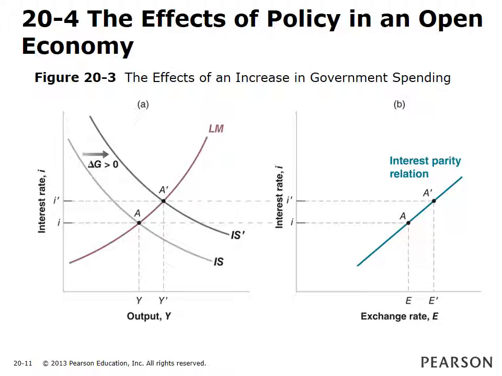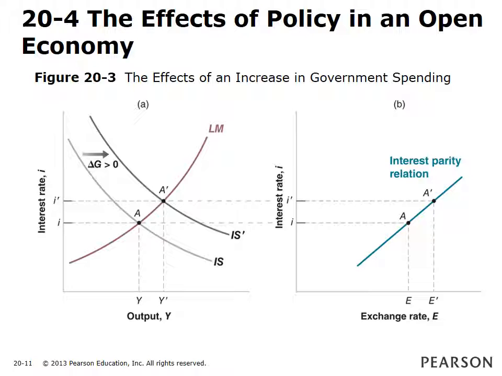Figure 20-3 shows the effects of an increase in government spending in an open economy with a flexible exchange rate on output, the composition of output, the interest rate, and the exchange rate. The economy is initially at point A. An increase in government spending G causes the IS curve to shift to the right to IS prime.